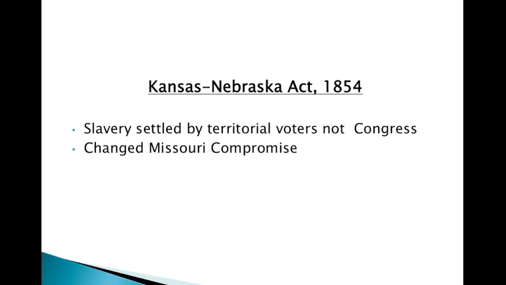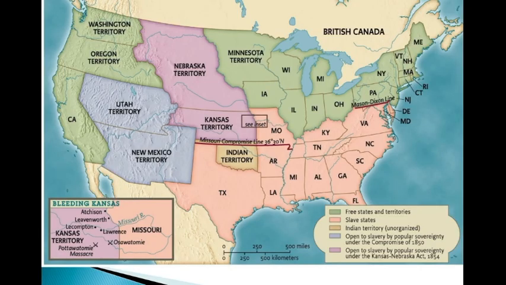So, what this act does is it undermines the Missouri Compromise, which had been passed earlier. If you remember, under the Missouri Compromise, there could be no slavery above the 36°30′ parallel. Well, the Kansas Territory falls above the 36°30′ parallel, where there was not supposed to be slavery.